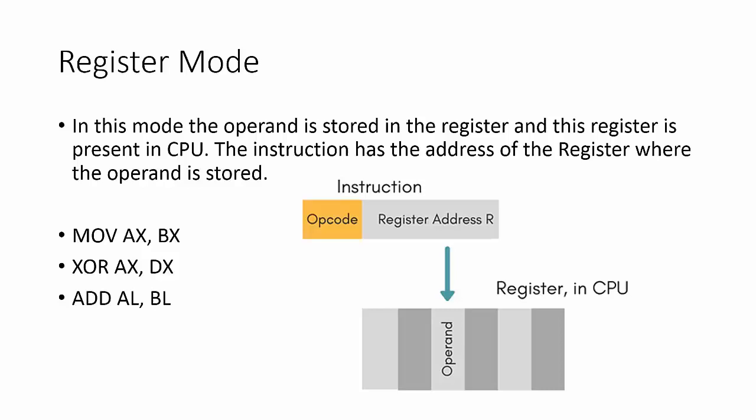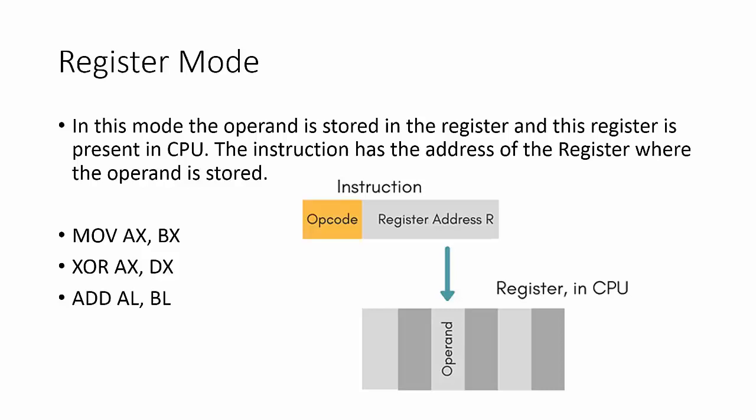So what does register addressing mode mean? In this mode, the instruction has the address of the register. As I already told you, an instruction is divided in two parts, opcode and address. So in this addressing mode, the address part contains the address of the register.